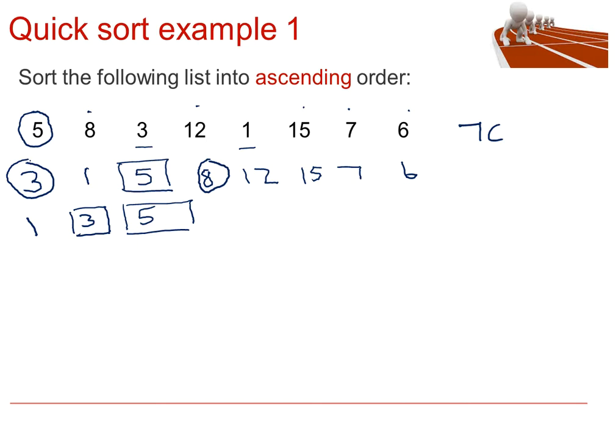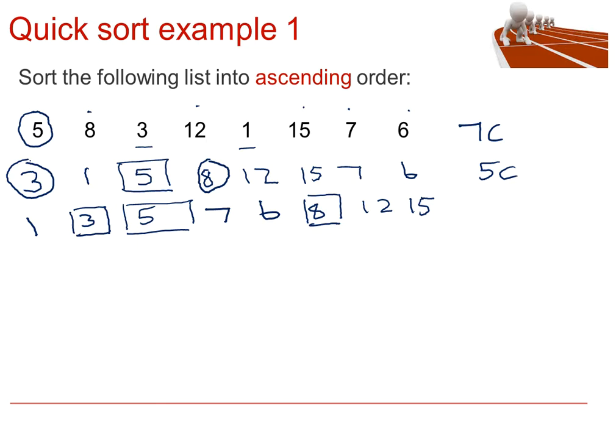On the second sublist, so that's 1 comparison, 2, 3, 4, 5 comparisons. The 7 and the 6 are smaller than the 8, so keeping their original order, I place them there. The 8 is now in the right place for ascending order, leaving the 12 and the 15 to the right.